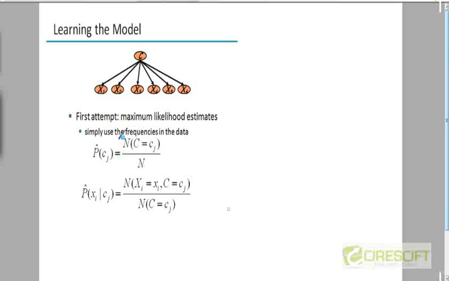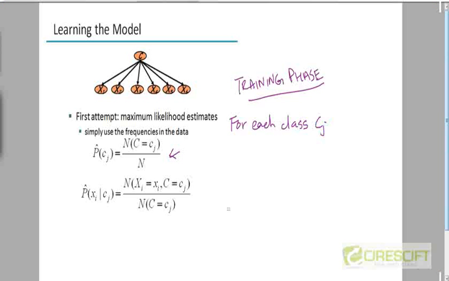Let me summarize the algorithm again. In the training phase of the algorithm, for each class Cj, compute the prior probabilities for all those j classes.